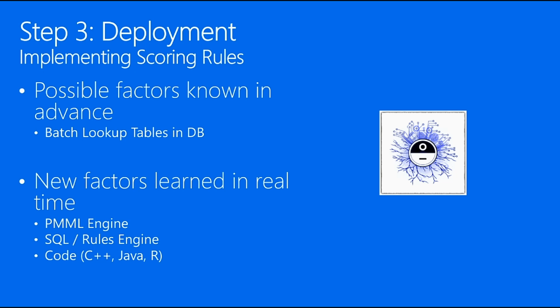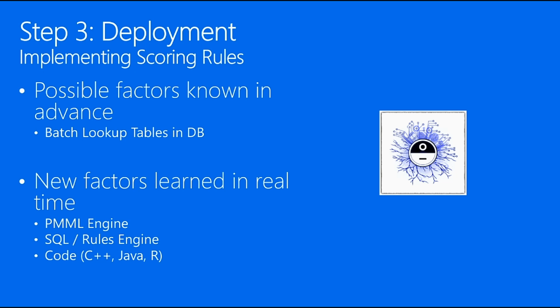More often, you write code to generate scoring rules. There's a protocol called PMML, which many data scientists can use. The output from their predictive model can be transformed into PMML, which essentially automatically generates those scoring rules in many real-time environments. You can use SQL.